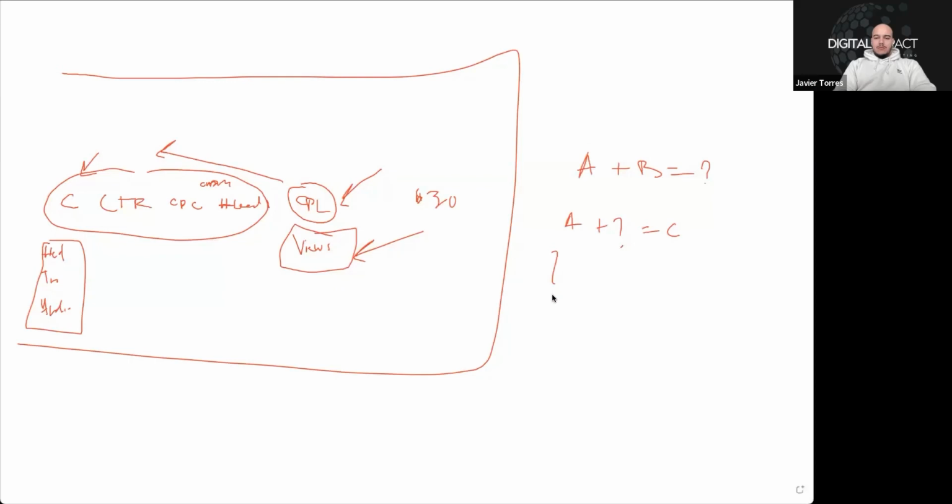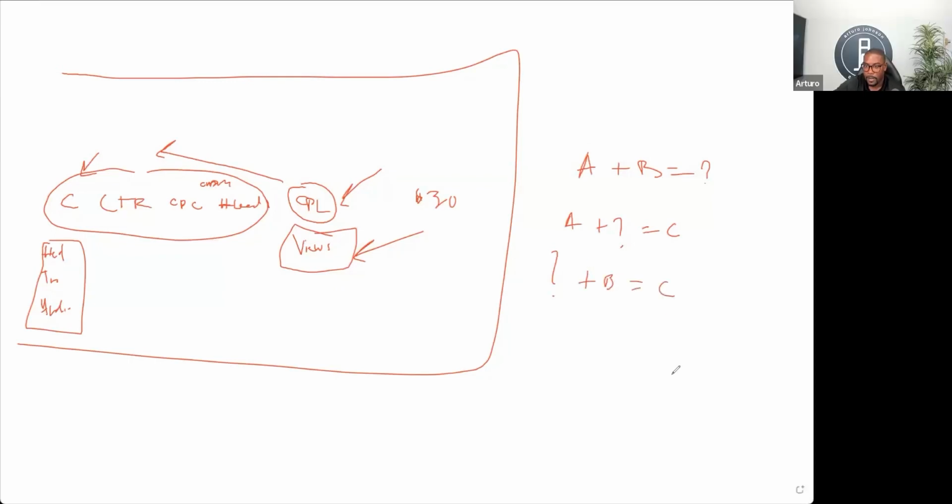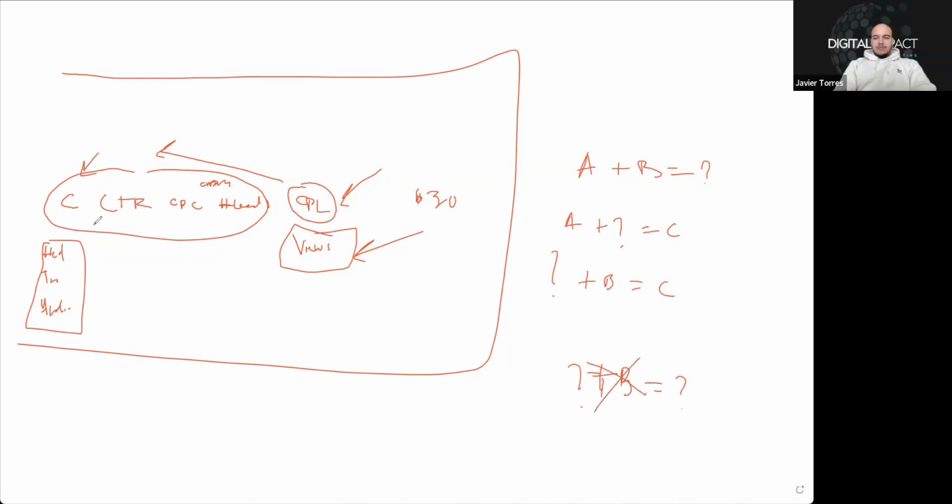That's how you want to look at everything. You don't want to change two things at once, because then you're all messed up. You see what I'm saying? You want to stay away from this. And that's how you can scale your ads and optimize.